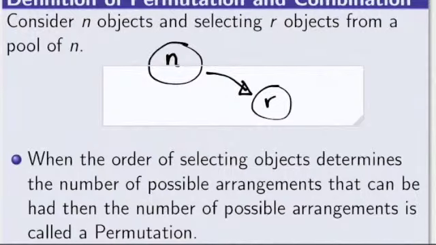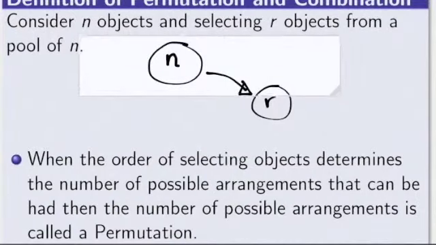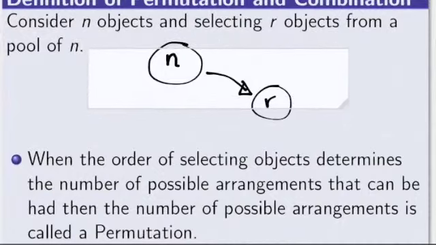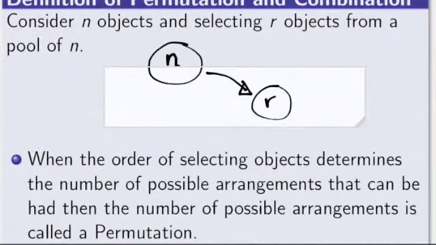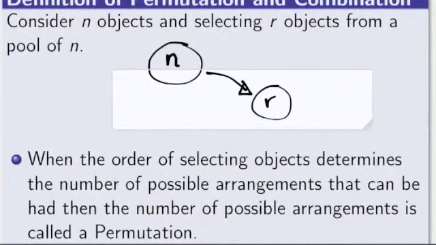Now, in forming this smaller group of r members, if the order in which we pick these r objects out of a pool of n gives rise to a different group, then it is called a permutation. If the order in which we pick the members into the smaller group does not give rise to a different group, then it is called a combination.